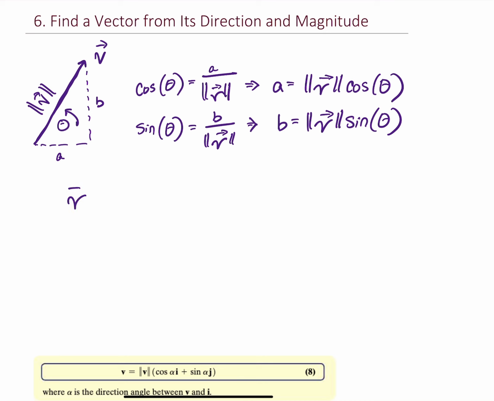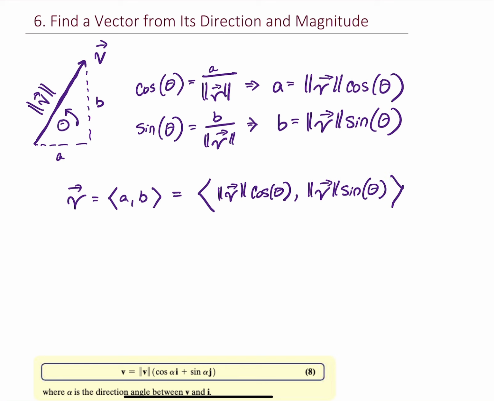And so since we've been describing v in component form as a comma b, we can also replace those with magnitude of v cosine theta for the horizontal component and the magnitude of v sine theta. And then since they're both multiplied by the magnitude, we can pull that out in front as a scalar in front of our vector.